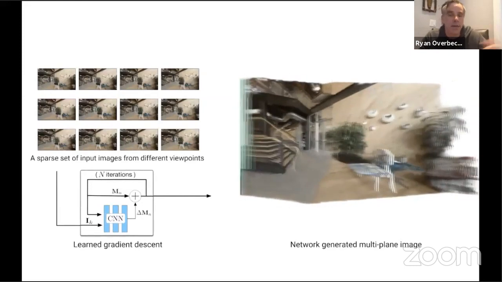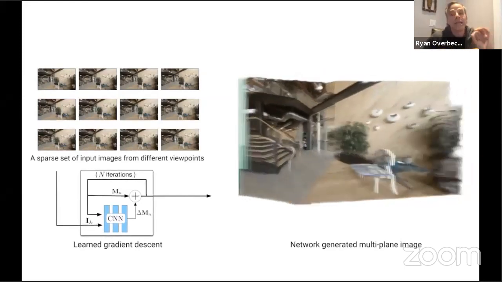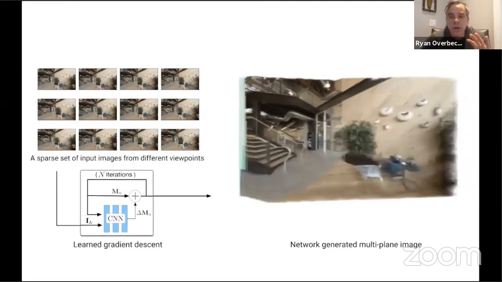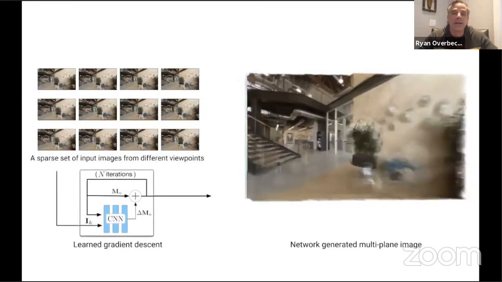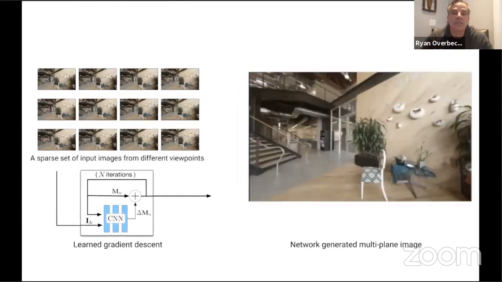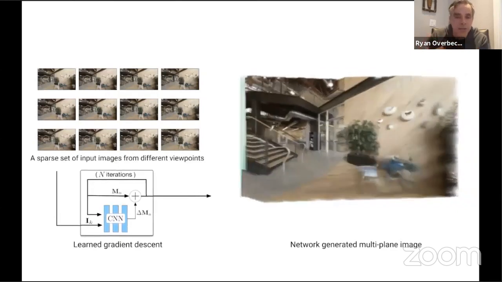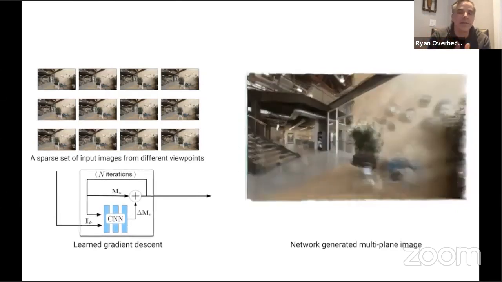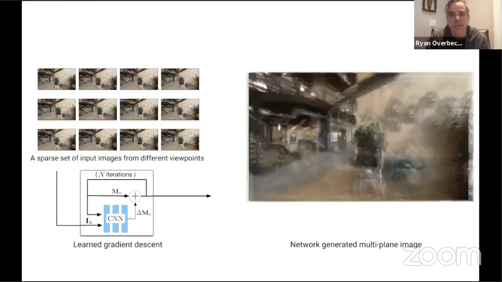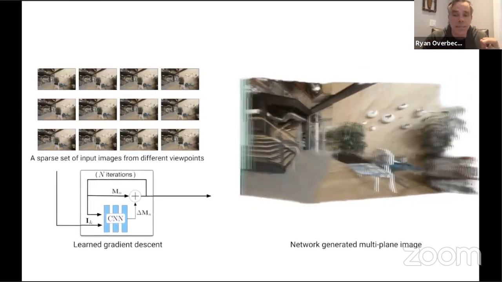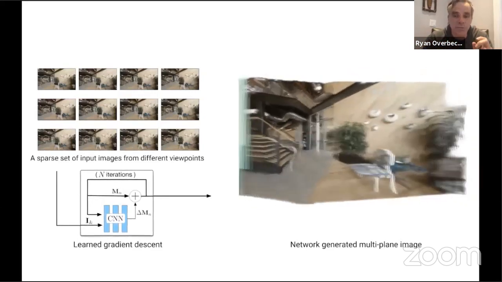And so I'll leave it to the paper to go into the details on this. But the really important part to know about this is a deep learning approach really just makes it so that you can optimize the MPI representation by minimizing the actual render error relative to images of the scene. And this is really the key to getting high quality visual results.